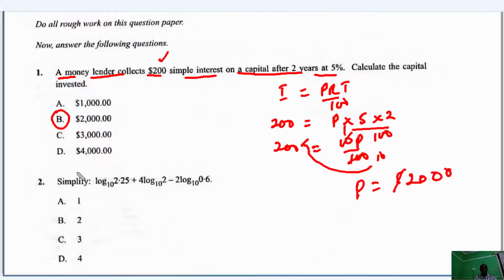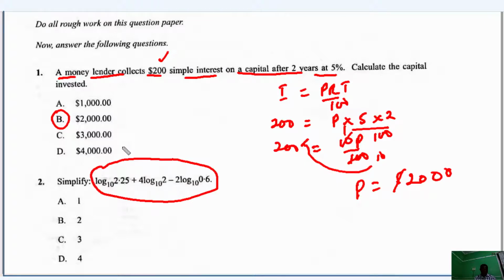We go to question 2. This is a log question. So put this whole thing into the calculator, because you have been using a calculator. So let's start punching this into the calculator, and know that every log on the calculator is base 10, so don't go and put base 10 again.